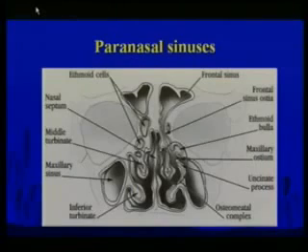And otolaryngologists talk about the osteomeatal complex, which is a point in which the ostia tend to come together in the nose, ostia to the sinus openings.